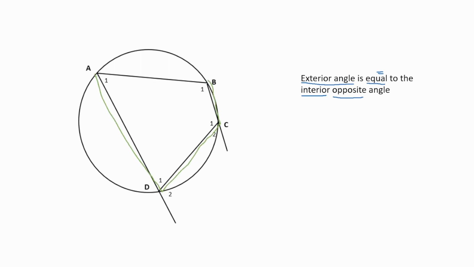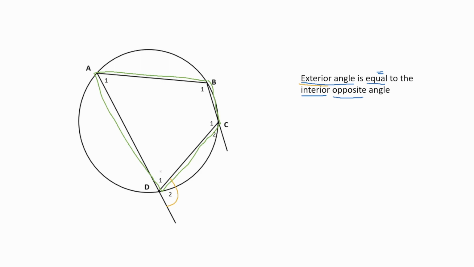It's this shape over here. But if we look over here, this is outside. This angle is outside our cyclic quad, so we call it an exterior angle.